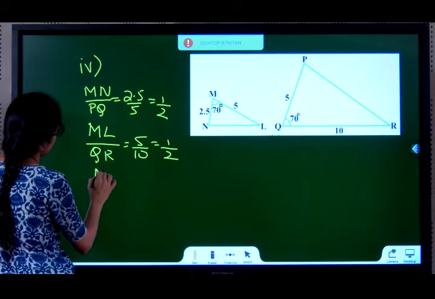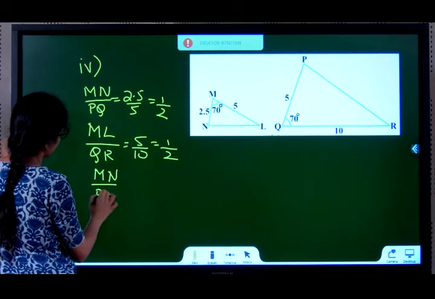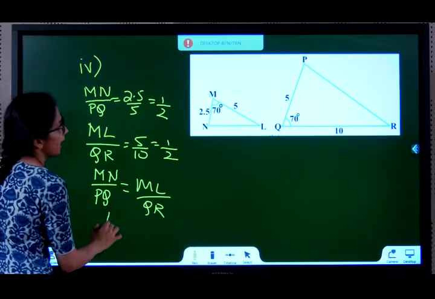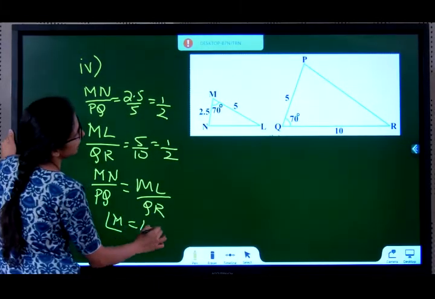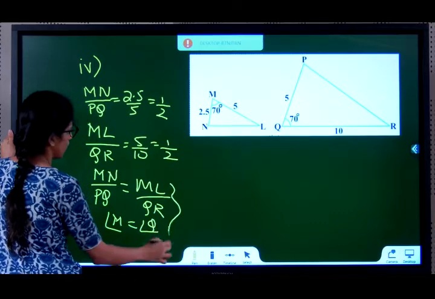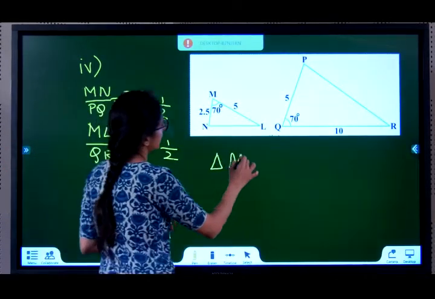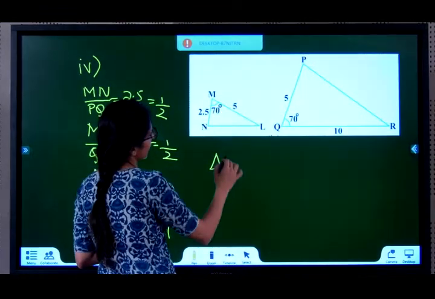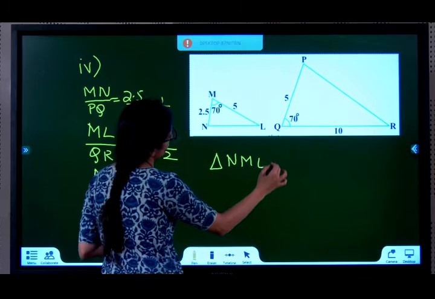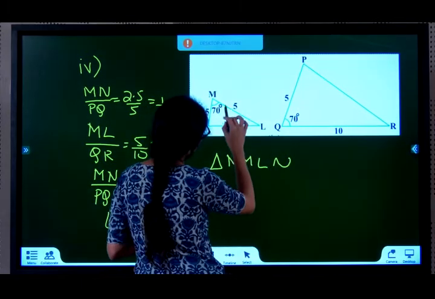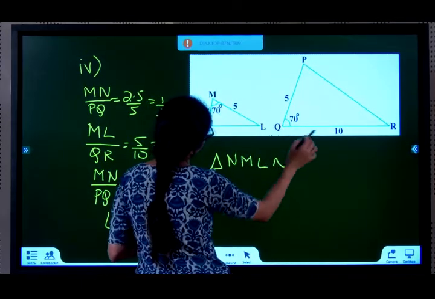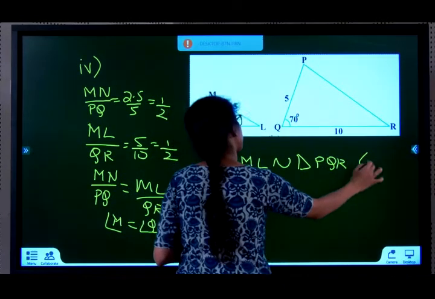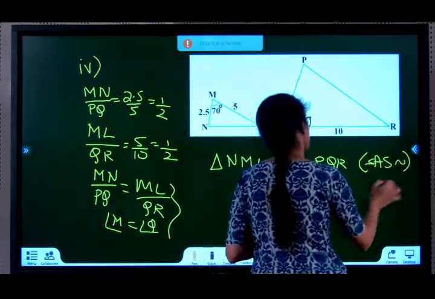So can I say MN by PQ is equal to ML by QR, so two sides are proportional, and the inclusive angle, angle M is equal to angle Q. Using these two, we can say triangle 2.5, 7, 5 NML is similar to 2.5, 5, 70, 10 PQR. Criteria SAS similarity criteria.